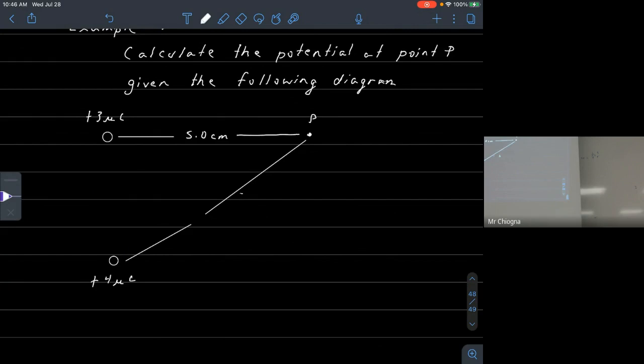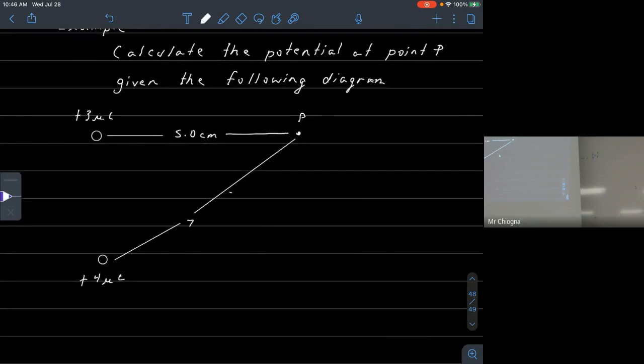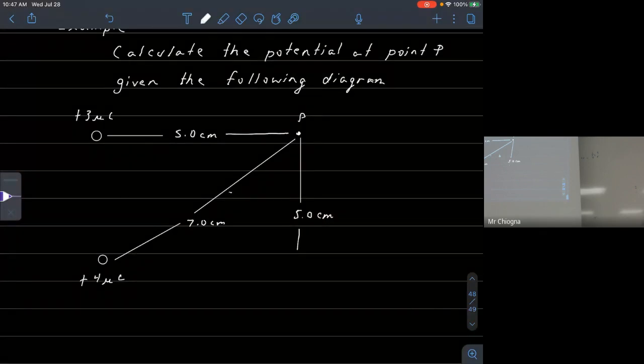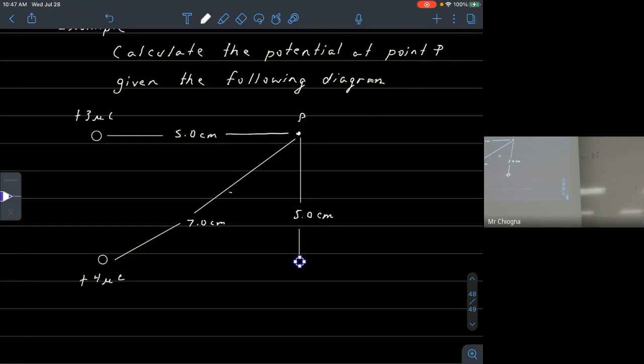That's 7. That is 5. It's 3 microcoulombs. I'm going to label these as well.